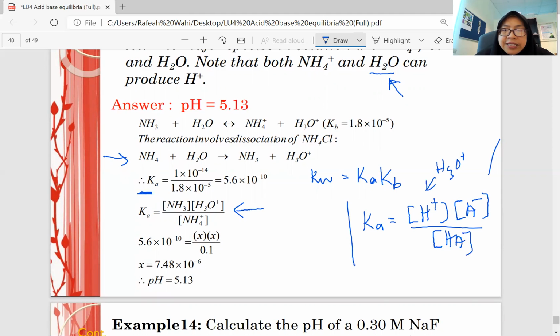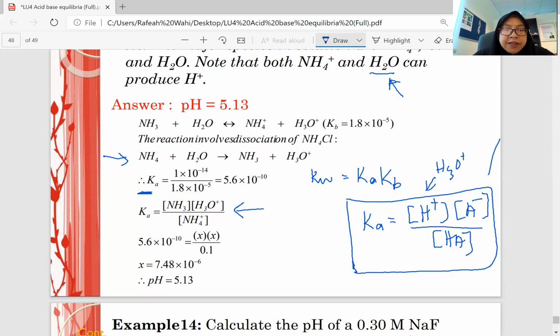Okay, this is what you want to remember forever, as a chemist. So Ka is equal to this. So you replace everything according to your dissociation reaction. So Ka equals the concentration of NH3 times the concentration of hydronium ion divided by the concentration of NH4.